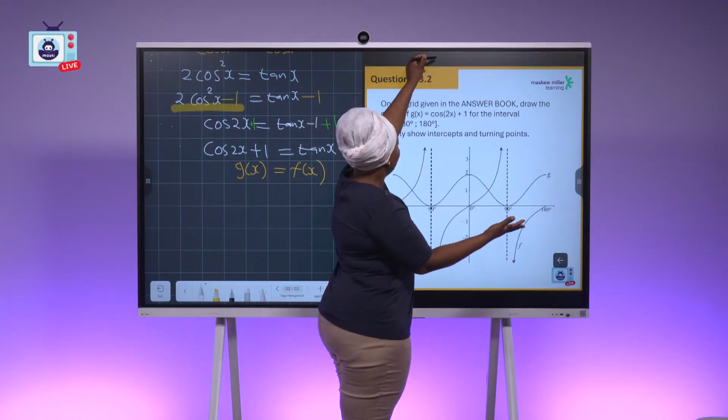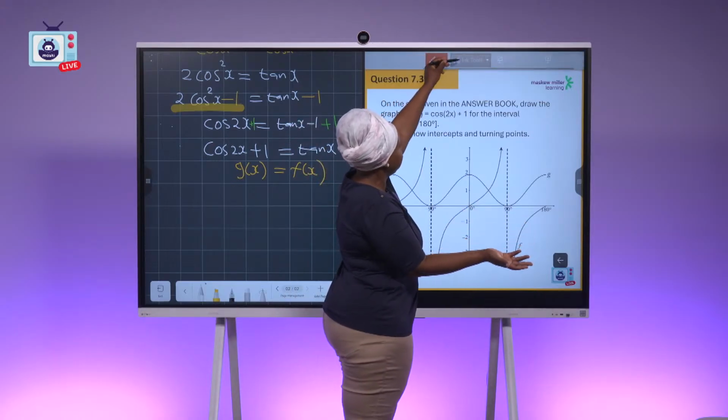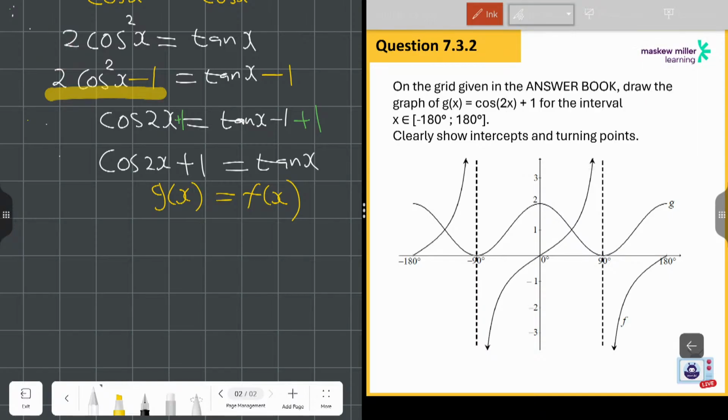So we just come here and analyze that. We say, okay, where do I have my two graphs equal? Let's check. The graph of f equals the graph of g at this point here. Again, they will also be equal here. So what does that mean? We are just looking at the point of intersection of the two graphs. That is what we are looking for.